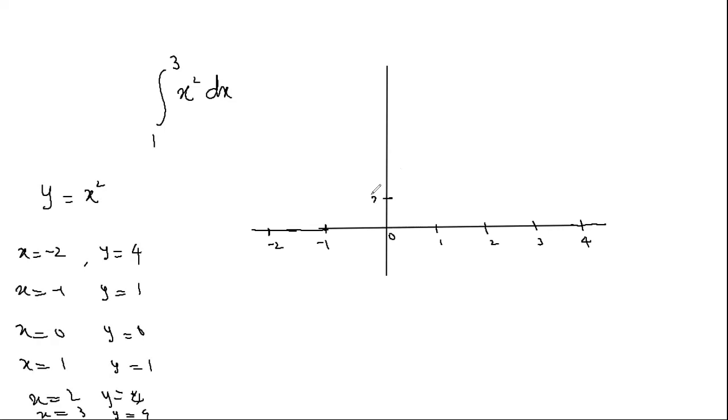So 2, 4, 6, 8, 10. When x is minus 2, y is 4, इधर कहीं आएगा. X is minus 1, y is 1, इधर आएगा. 0 is 0, 1 is 1, 2 is 4, 3 is 9, 4 is 16. So ऐसा कुछ आएगा. We'll get a parabola.